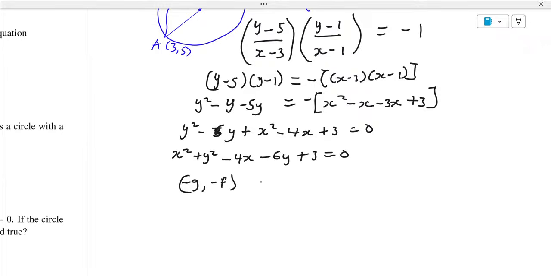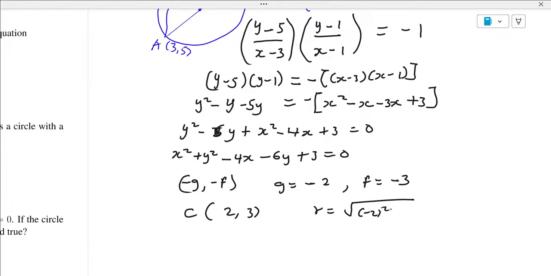So here, I'm going to have g equal to -2, and then I have f equal to -3. So our center C will be (2, 3). Then our radius r will be equal to the square root of (-2) squared plus (-3) squared minus our c, which is 3.